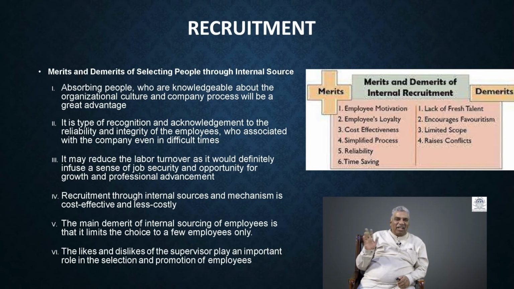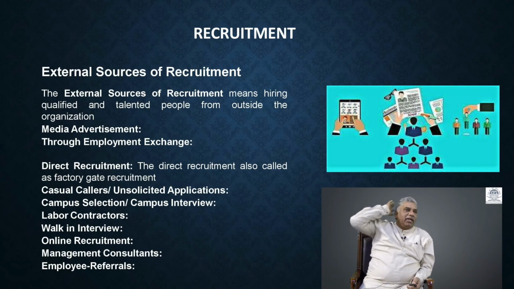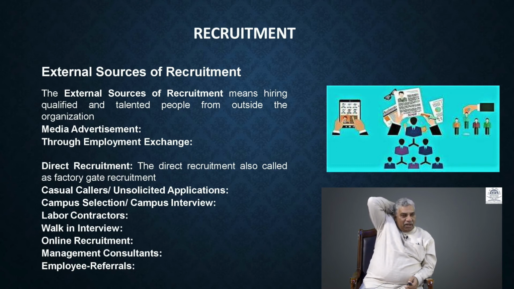So, this kind of internal organizational politics unnecessarily prevent the selection process to have a right kind of people. Intention is right kind of people at the right time for the right job at the right cost. So, if you want to meet these four requirements, you must have an admixture of both internal and external sources of recruitment. Now, let us understand external recruitment.